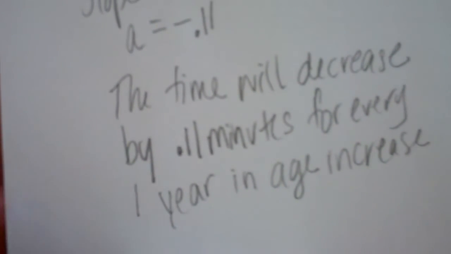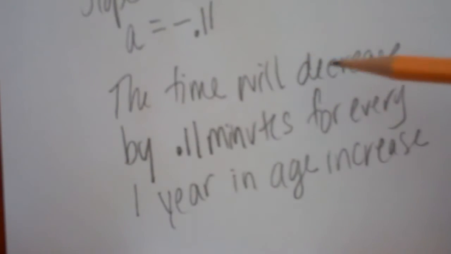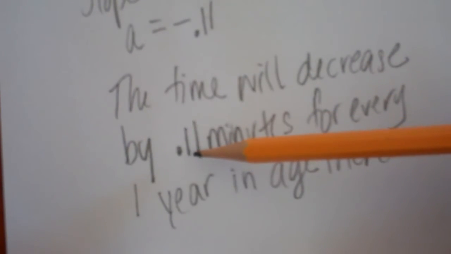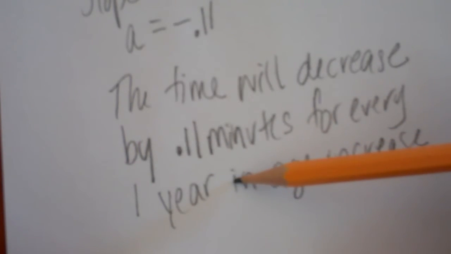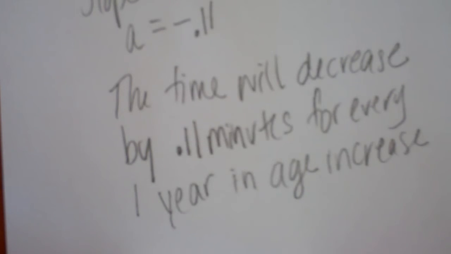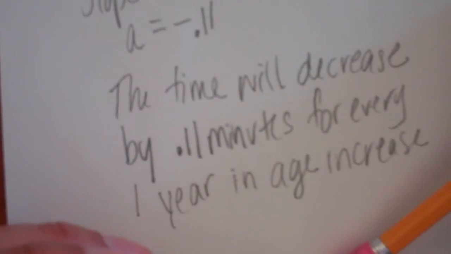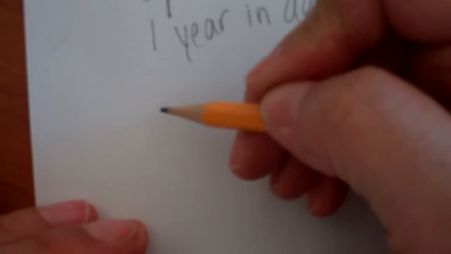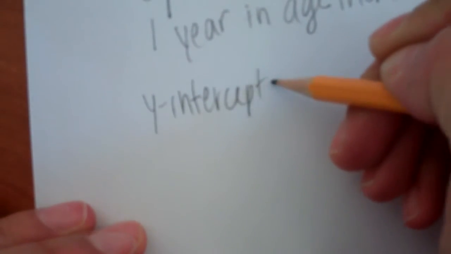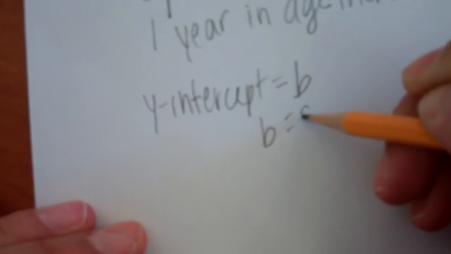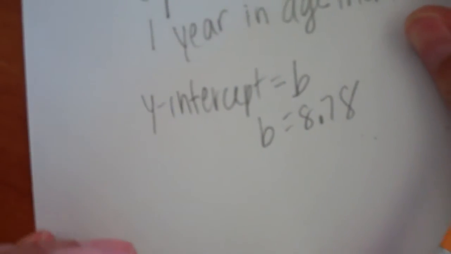And here again, you see that negative correlation. My y is decreasing by this amount, 0.11 minutes, for every 1 increase in my x, which is my year of age. So that's how you write slope. And lastly, how you write y-intercept. Y-intercept is going to be our b, and our b is 8.78.